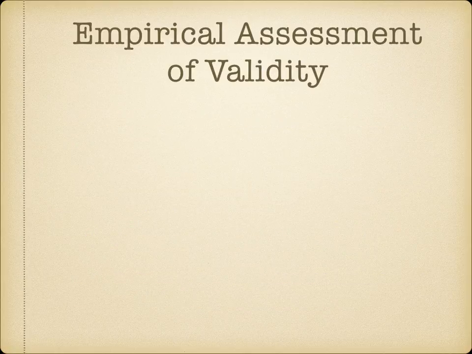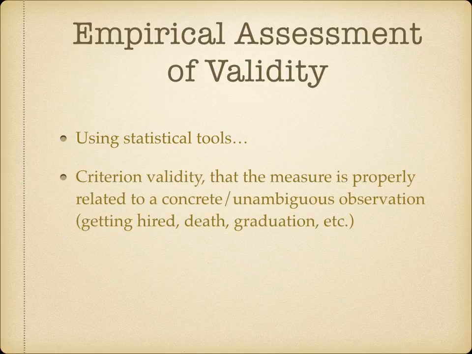Empirical assessments of validity are ones that are going to be using statistical tools generally. Criterion validity is taking our measure and comparing it to concrete and unambiguous observations. We are expecting to see a high relationship with it. So things that are unambiguous, that you just can't make a mistake in your observation about. Was the person hired for the job or not?